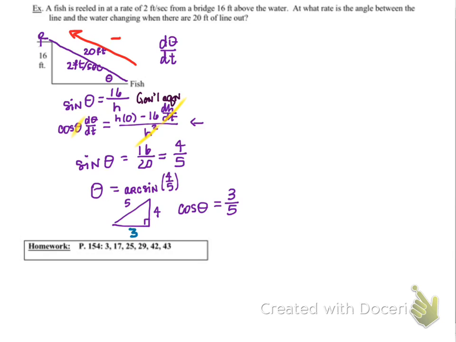So we've got 3/5 dθ/dt equal to negative 16 dh/dt... Oh my gosh, I said the wrong thing. 3/5 dθ/dt equals negative 16 dh/dt, and dh/dt was negative 2 all over h squared. Now we're studying one moment in time, so we can go ahead and simplify from here.